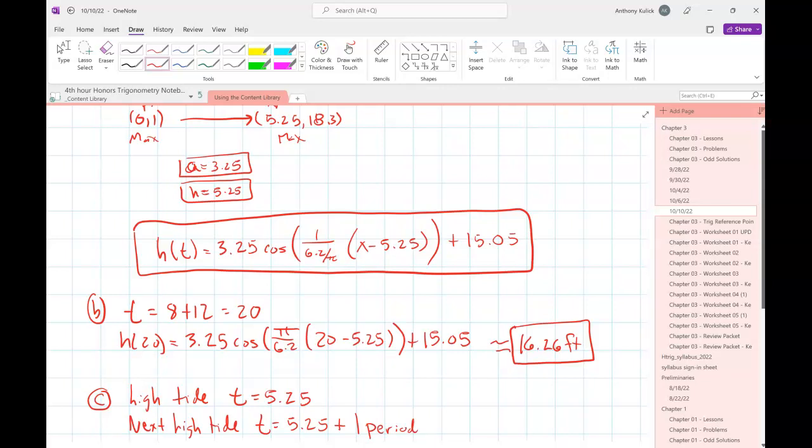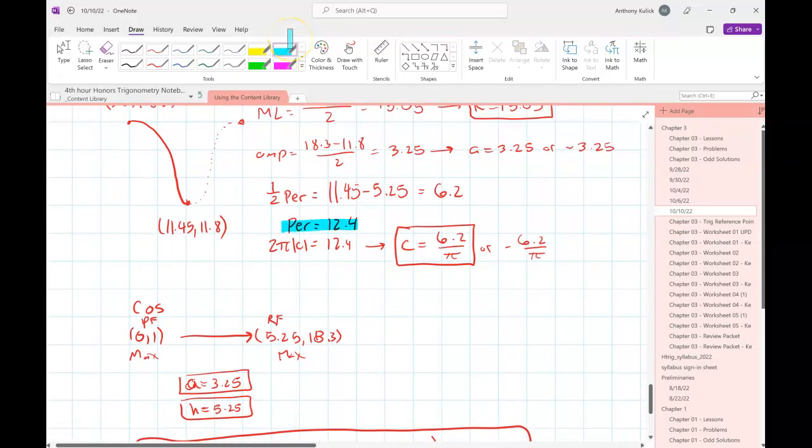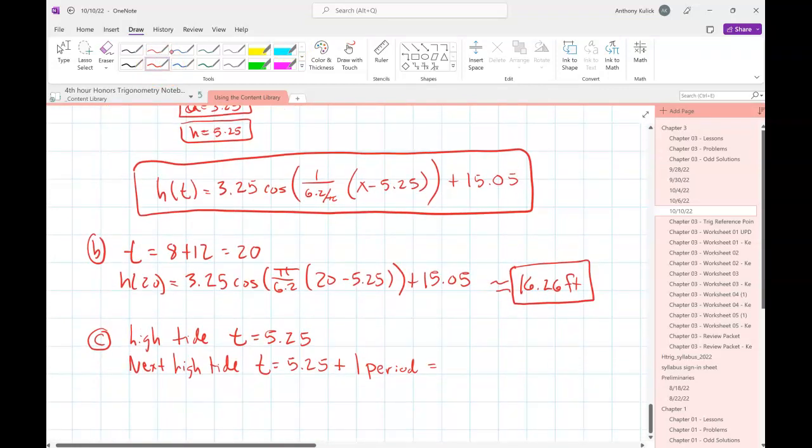How long was one period? 12.4. So that's going to be 17.65. Note that that's less than 24. So we're not into the next day. Is everybody okay there?